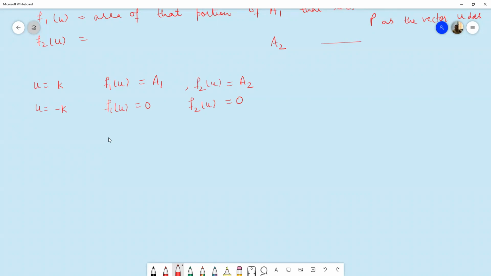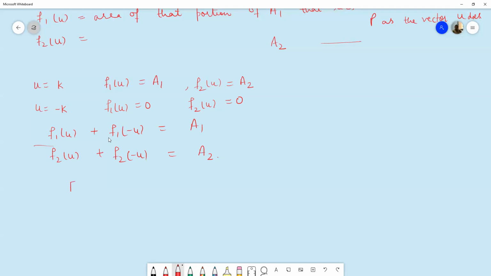We have to take the area of that portion of A1 that lies on the same side of the vector U. So if we replace U by minus U, we are taking the area of the other side. So F1U and F1 minus U sum to A1. Similarly, F2U and F2 minus U sum to A2.